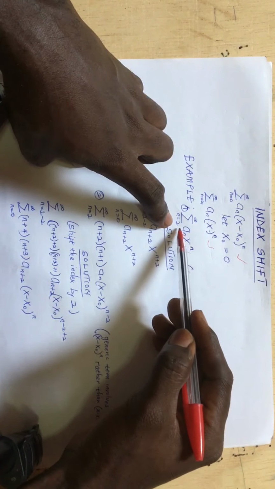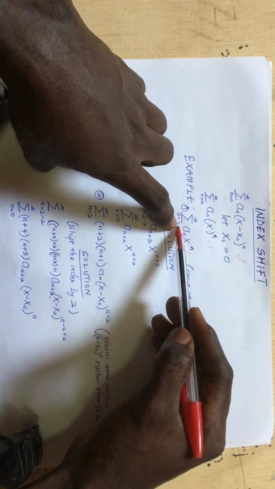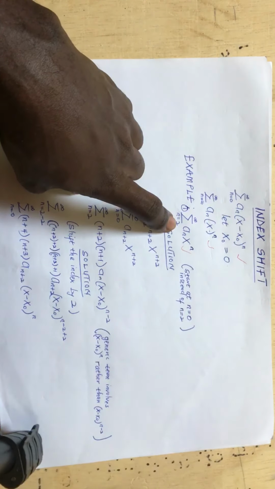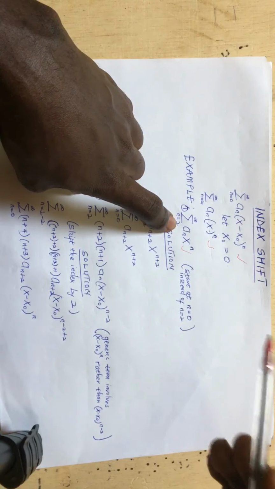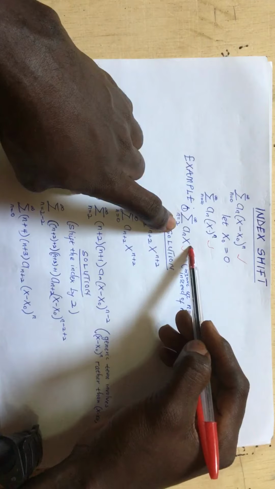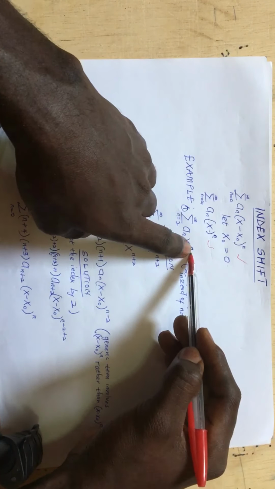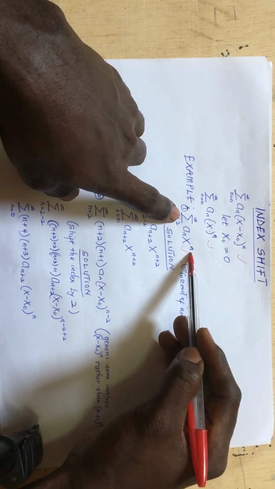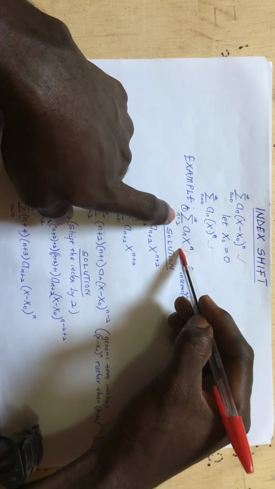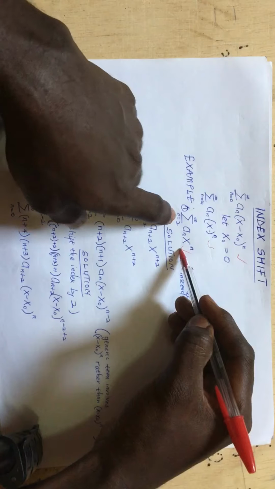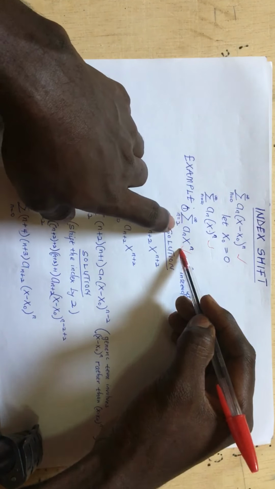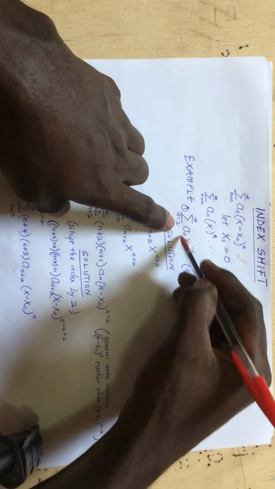So we are going to subtract 2 from the index, because we are starting from 0, and we are going to make sure we add 2 to the n in the series. When we add in the series, we subtract from the index. And when we add to the index, we subtract from the series.